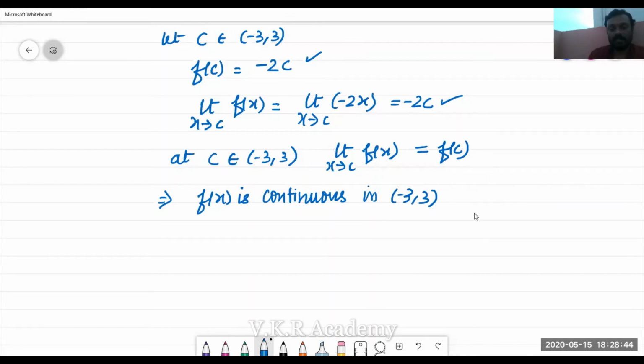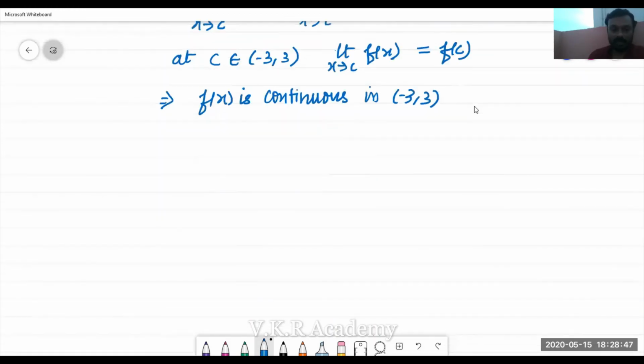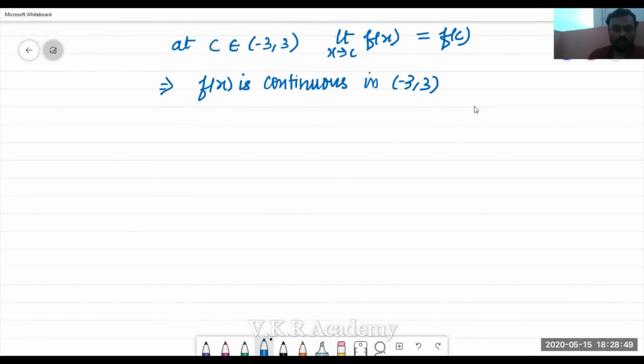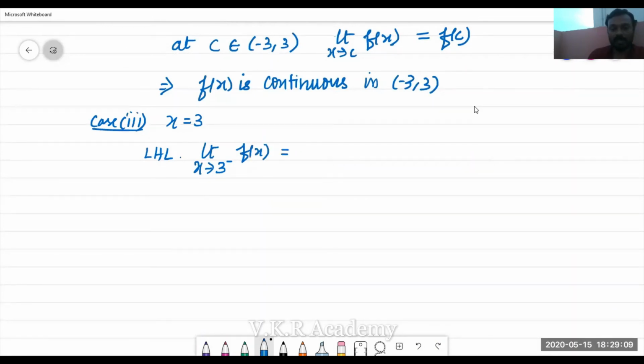Now take the case of the point at x is equal to 3. Consider the point x is equal to 3. The left hand limit at x is equal to 3, that is limit x tends to 3 minus f of x, which is equal to, by algorithm, limit h tends to 0 of f of 3 minus h.